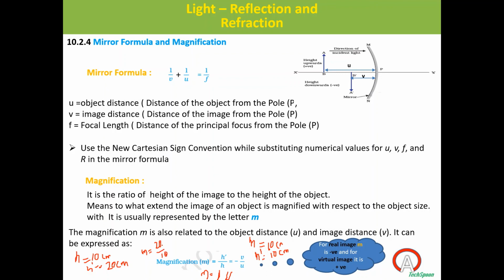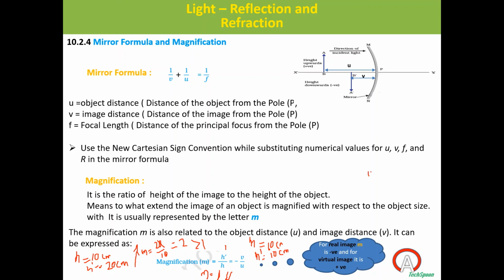So there is a magnification. The previous case we got 1, when object height and image height are the same. But here you got greater than 1, 2, which is greater than 1. So there is an increase in size of the image. So enlarged image, right? If you know the magnification, you can find out whether you are getting the same size image, enlarged image or diminished image.